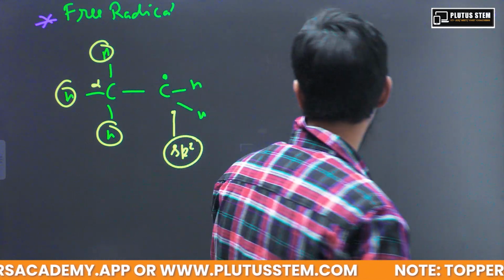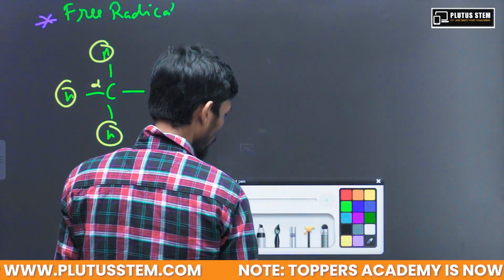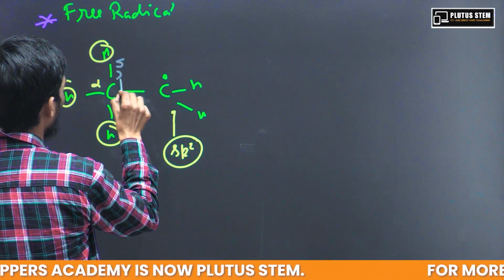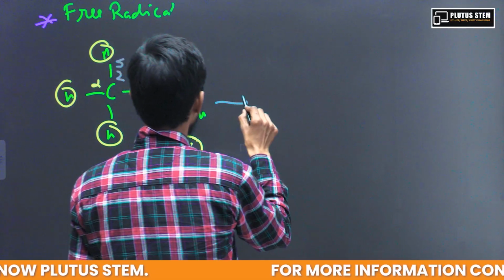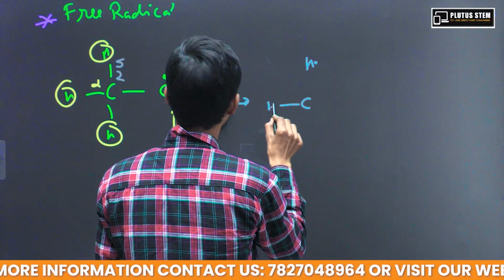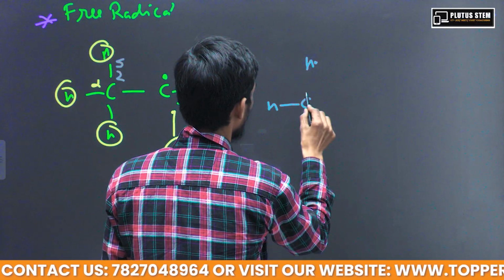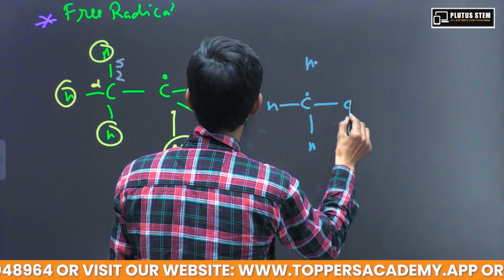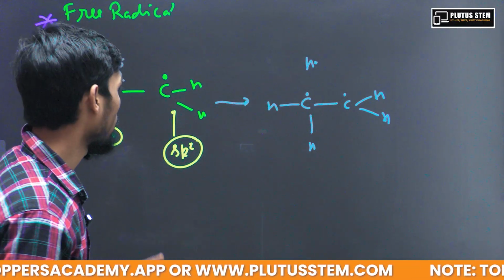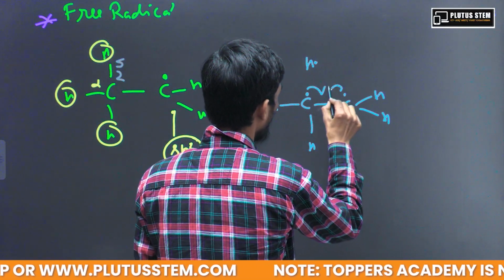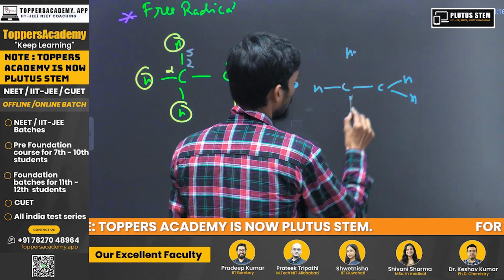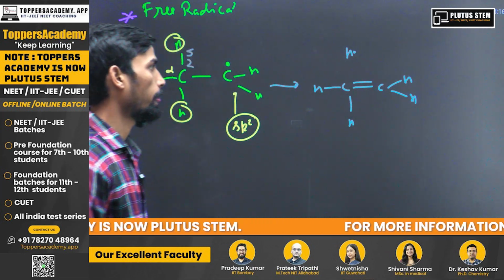Over here we are having 3 hydrogen. So what will happen over here? This bond breaks like this, and these two free radicals combine with each other and make a bond. Clear?